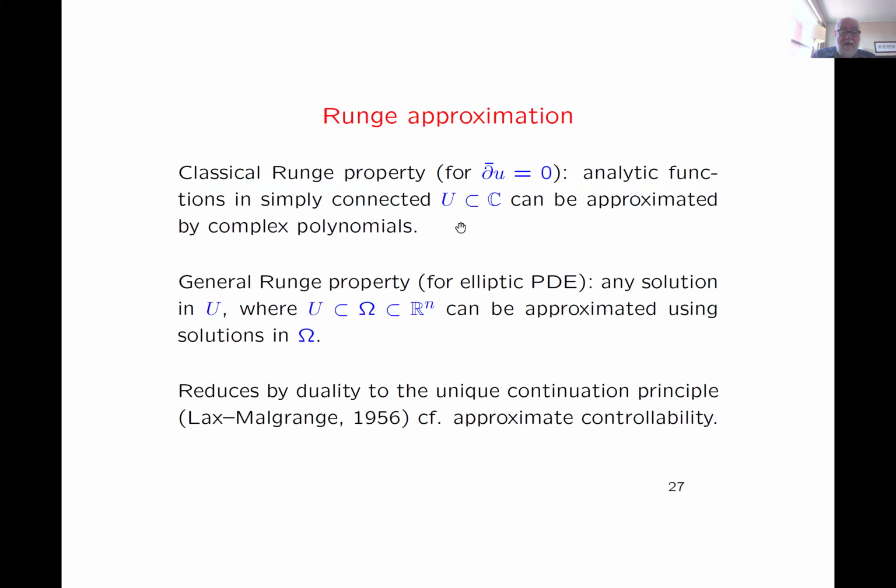An analytic function in a simply connected domain can be approximated by complex polynomials. For elliptic PDE, any solution u in an open subset of omega can be approximated using solutions in omega. And this is reduced by duality to the unique continuation principle. So they are equivalent, in fact.